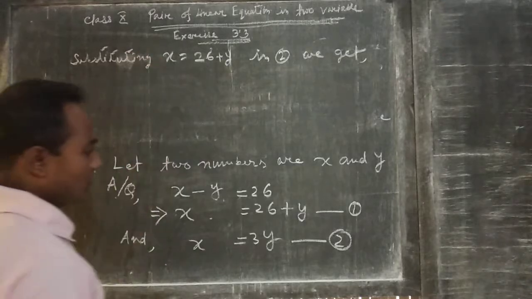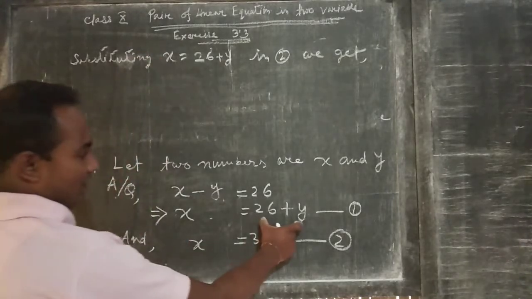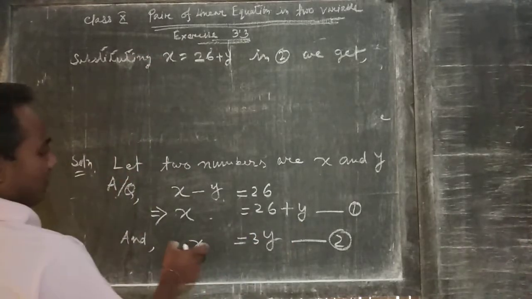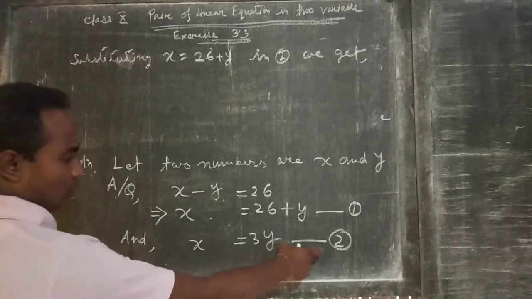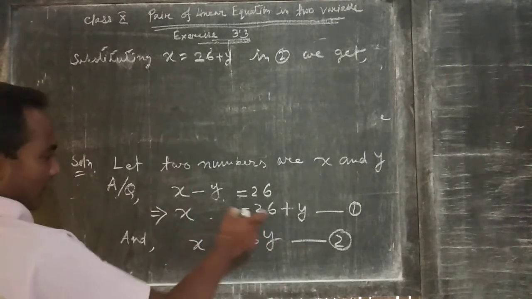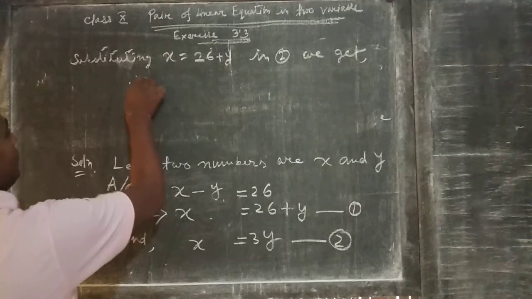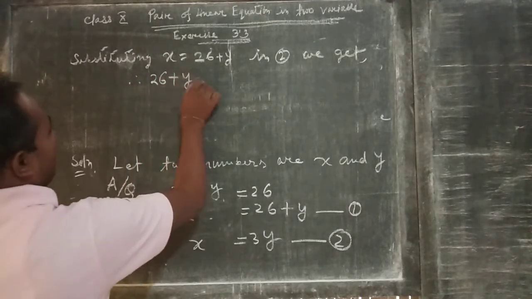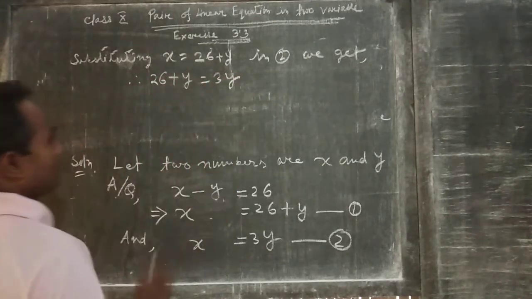We have to put the value of x in equation number 2. Equation 2 is x equals 3y, so we have to put the value of x here. Okay, therefore 26 plus y equals 3y.